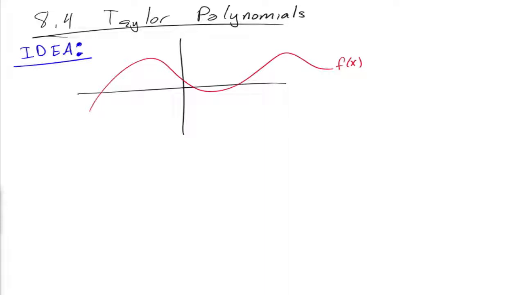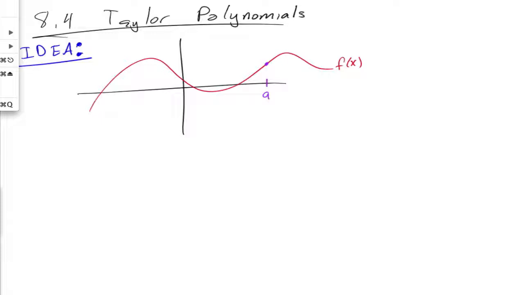So let's say we've got a point here, let's call this a. You remember in Calc 1, you talked about approximating functions using what?